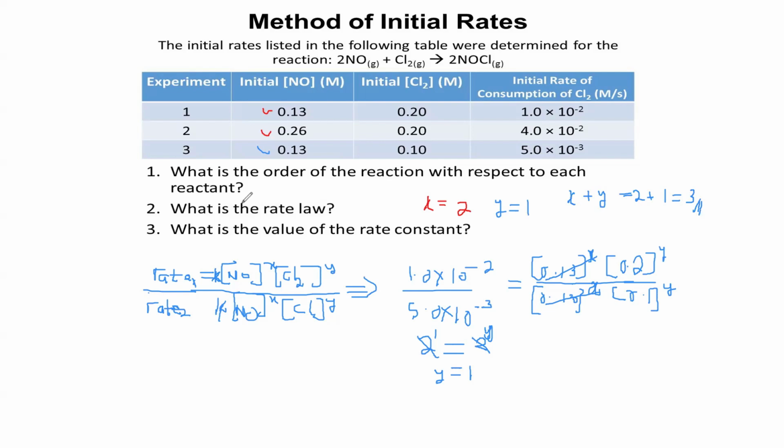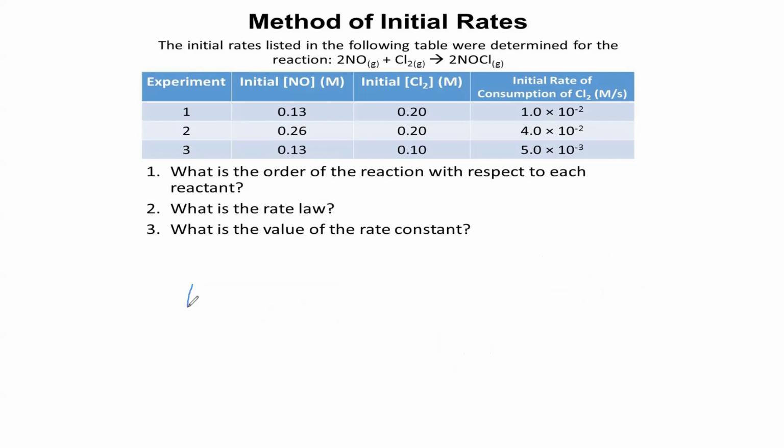So now, what is the rate law of the reaction? Since we know the order of the reaction, the rate law is now going to be rate R is equal to K into NO, and of course our x we found as 2, so we have NO power 2, and then we have Cl2 power 1.